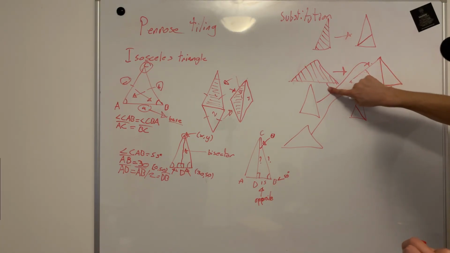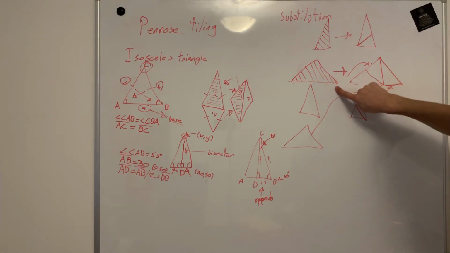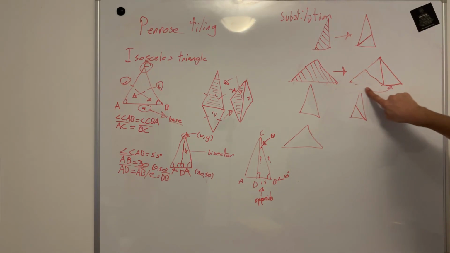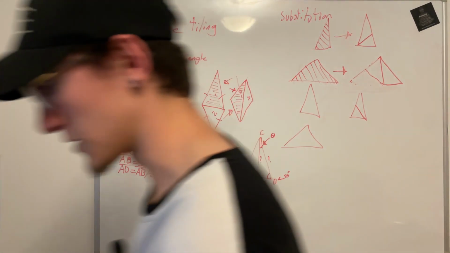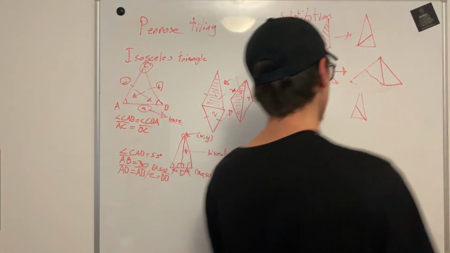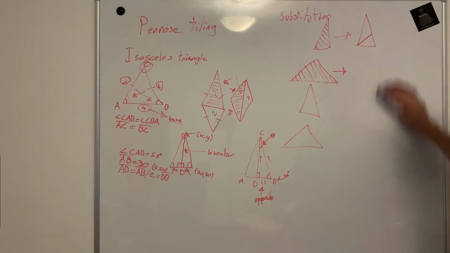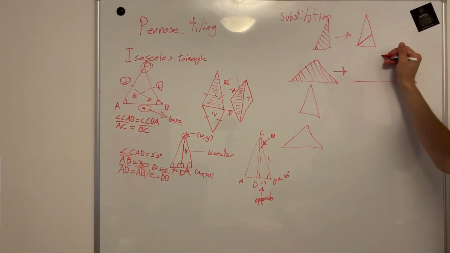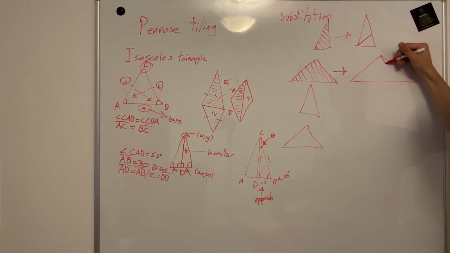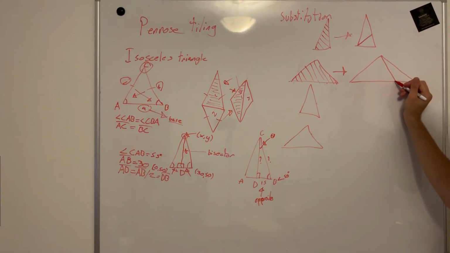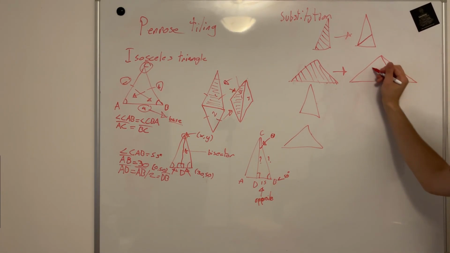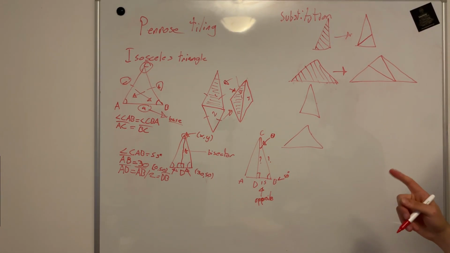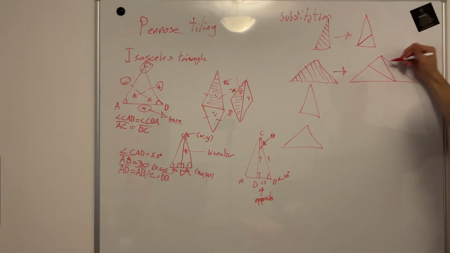So let me erase my arrows just so it's a little bit cleaner. I'll just redraw it. It'll be a little bit easier for me. Okay, that's a little bit more clear. Yes, so I was mistaken.